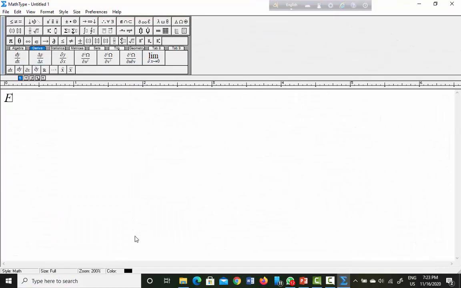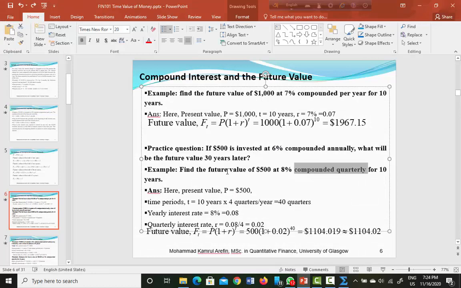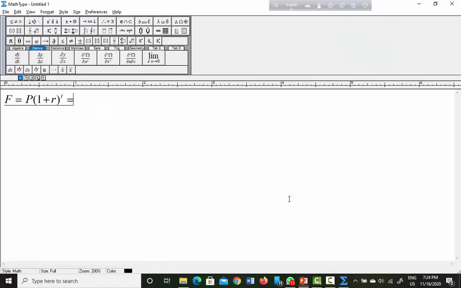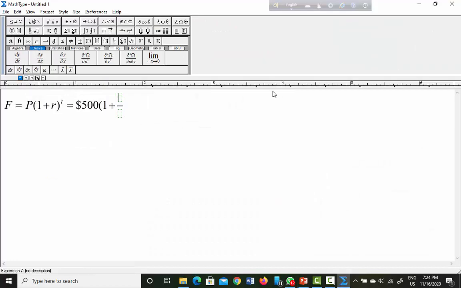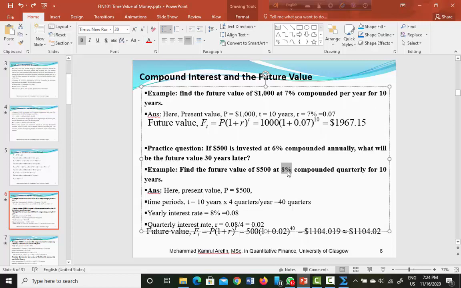We calculate the future value using the formula we already know. Here the present value is $500. Then 1 plus R, where R is 8%, the annual rate, that is 0.08.